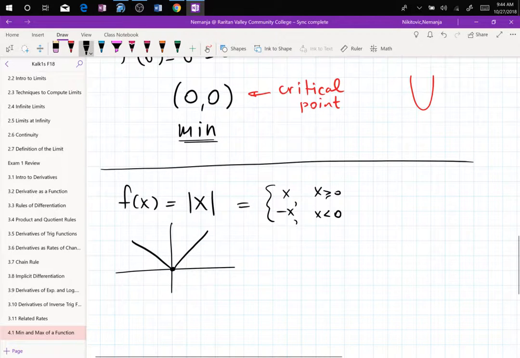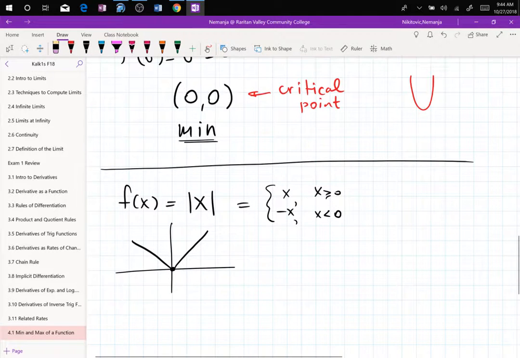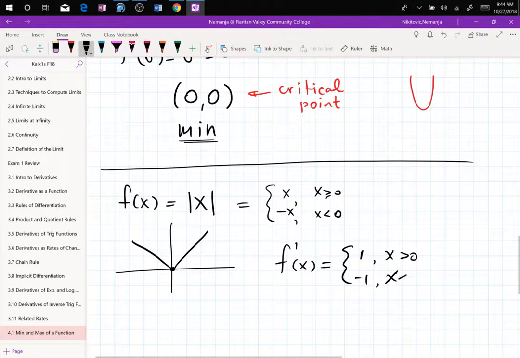Now, we can't take the derivative of absolute x directly, but we can take the derivative of the definition of absolute x. You just take the derivative of each line independently. So f prime of x would be the derivative of x, which is 1 for all x's larger than 0, and negative 1 for all x's smaller than 0.